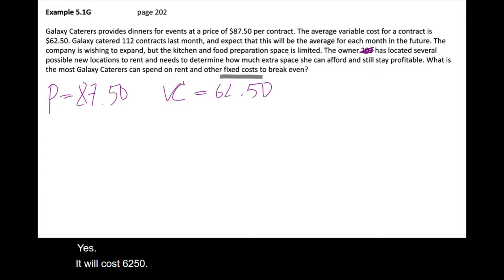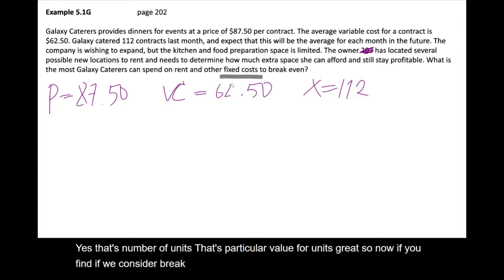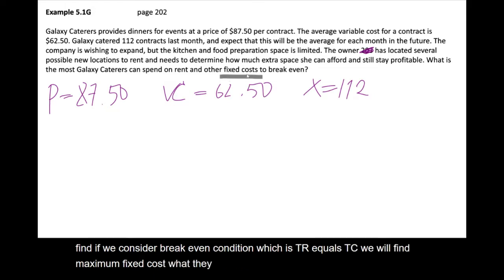What is 112? Units? Yes, that's number of units, a particular value for units. Great. So now if we consider break-even condition, which is TR equals TC, we will find maximum fixed cost they can afford, right?